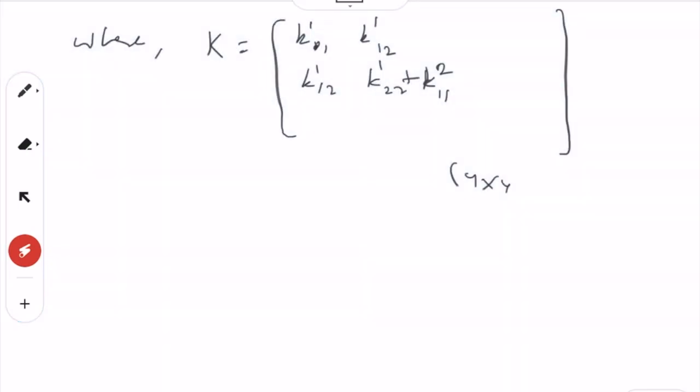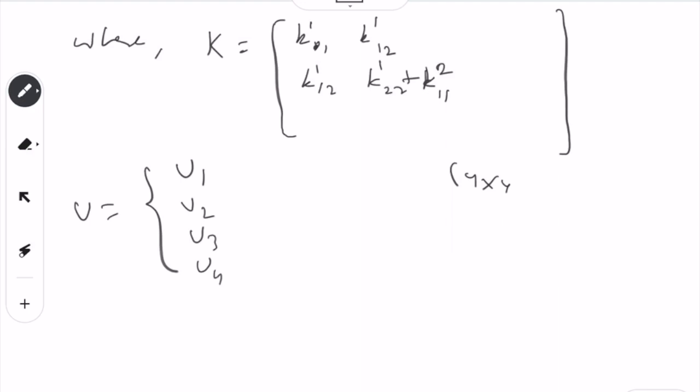So, U is equal to U1, U2, U3, U4, and W is not there, and F is equal to F1, F2, F3, F4.